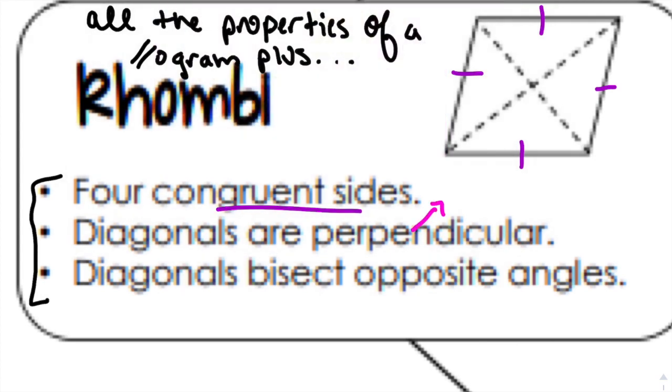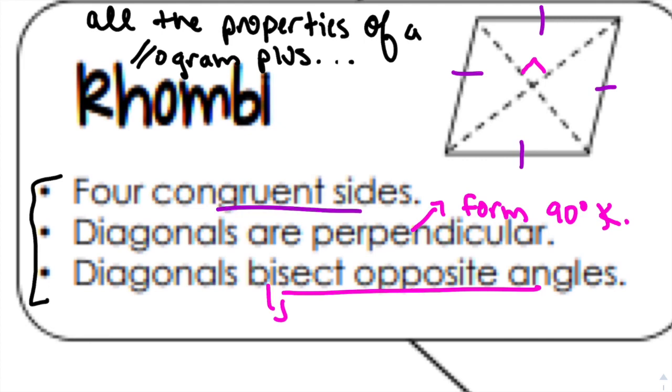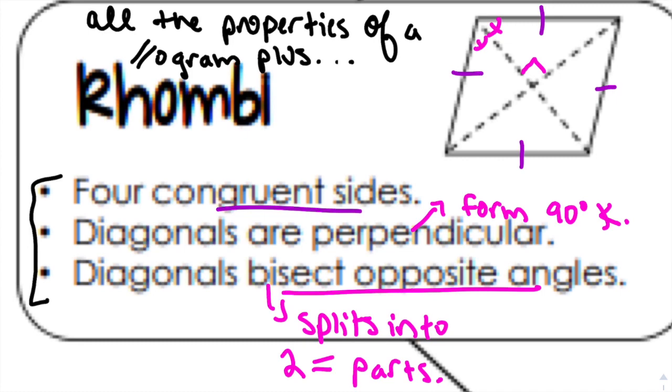Perpendicular forms 90-degree angle. So like that. And diagonals bisect opposite angles. So for that, splits angles into two equal parts. So that's going to look like this.